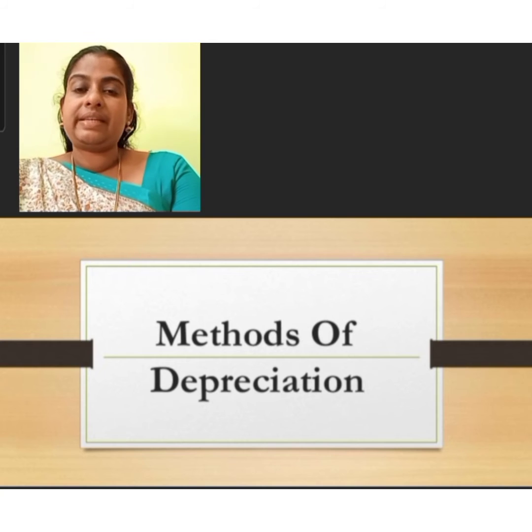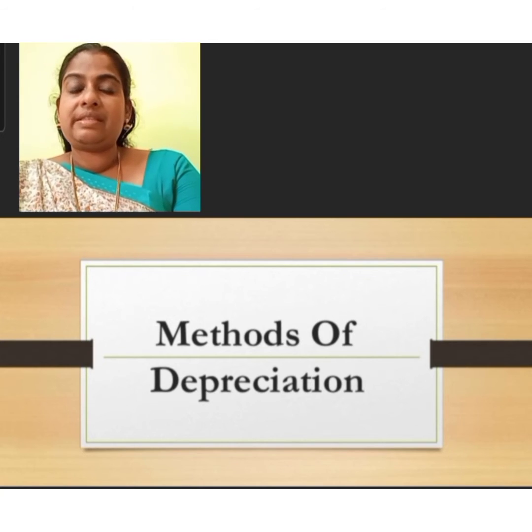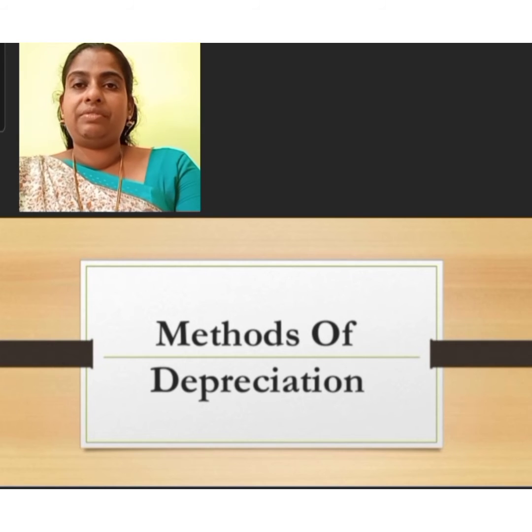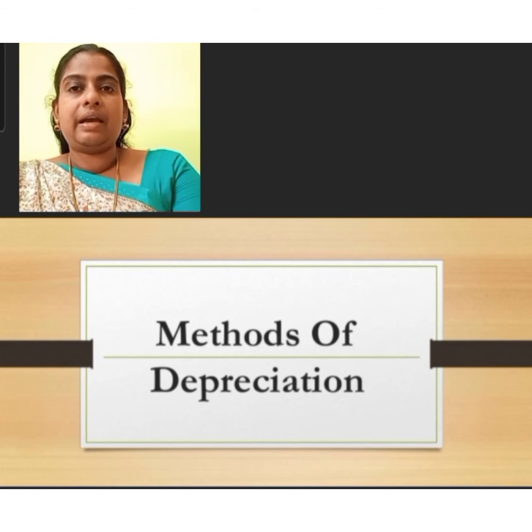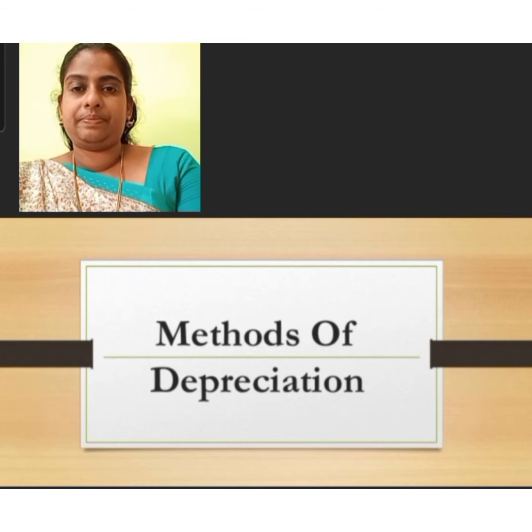Under the straight line method, depreciation may also be determined by applying a fixed rate to the original cost of the asset. That is, total amount of the asset into rate of depreciation. Then you will get the amount of depreciation.